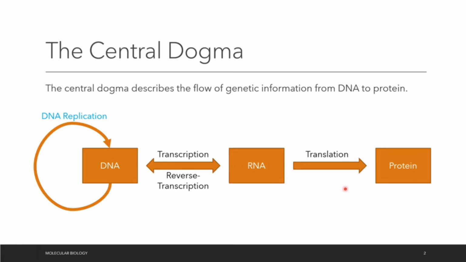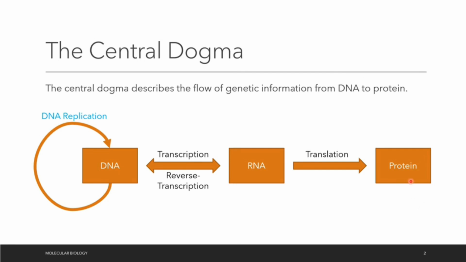The next part of the central dogma is the flow of genetic information from RNA to protein. This process is called translation. It's basically the production of protein using RNA as a guide. The reason why it's called translation is because RNA and proteins are written in very different languages. There are only 4 bases in RNA. You can imagine this to be a language with only 4 characters.